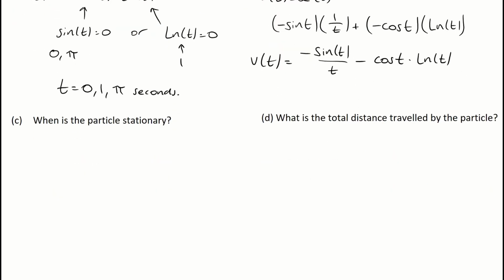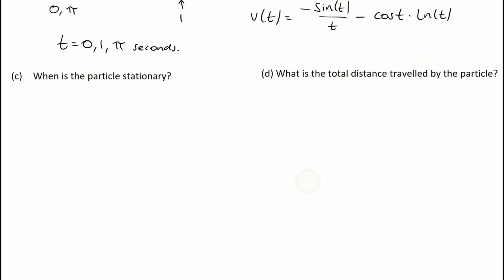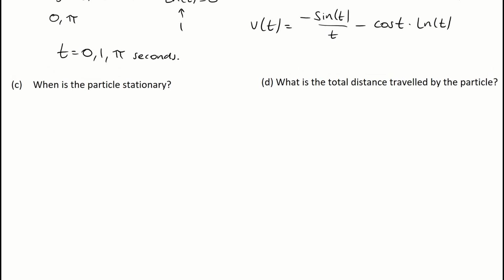Now, part C asks when the particle is stationary. The particle is stationary when the velocity is 0, i.e. it's not moving. So our velocity function, v of t, which we just calculated to be negative sine of t over t, take away cosine of t times the natural log of t, has to be equal to 0.